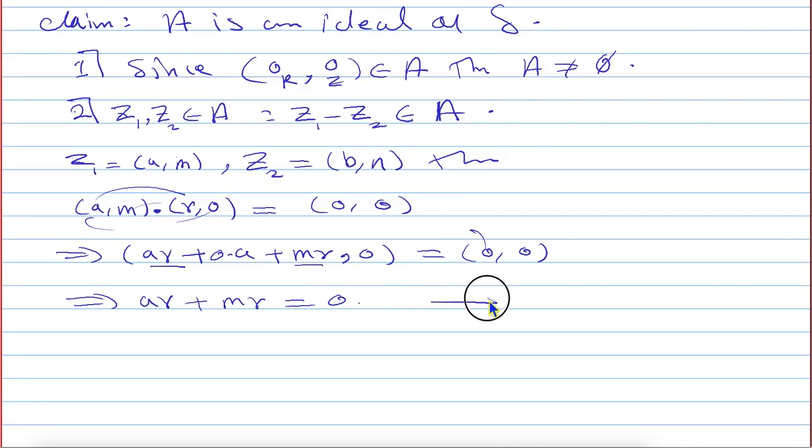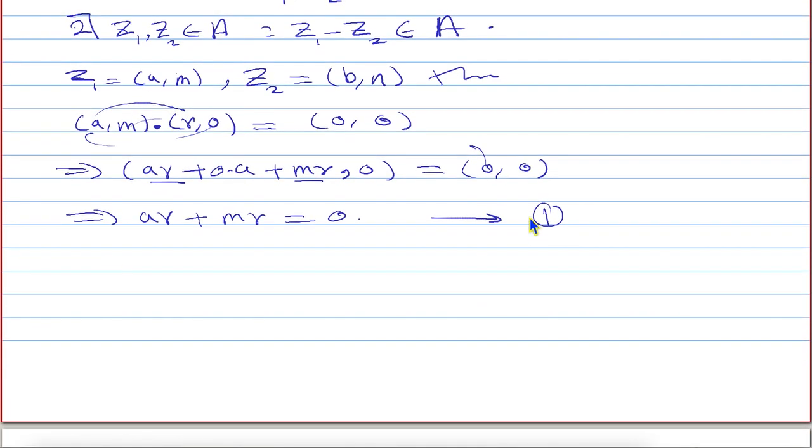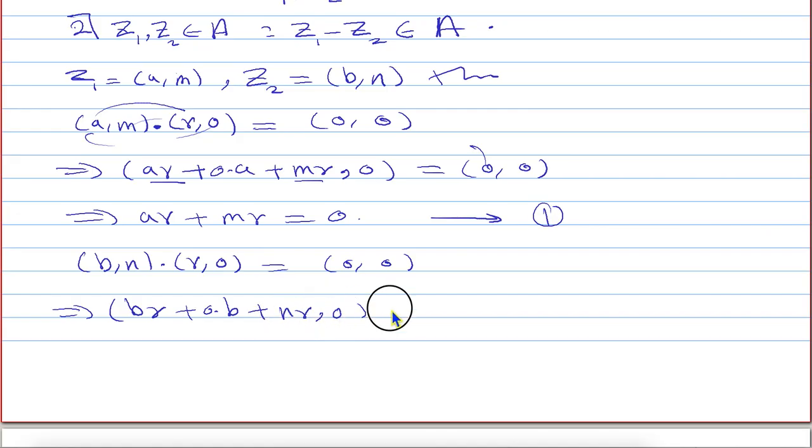So this is equation 1. Similarly, (B, N) times (r, 0) must be 0, and this means that Br plus 0 times B plus Nr, 0 equals (0, 0), which implies that Br plus Nr equals 0.